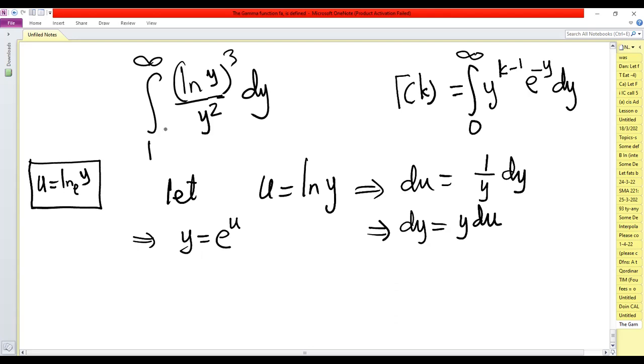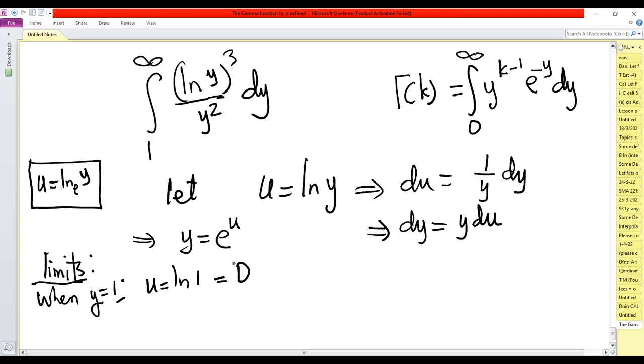Now let's see what happens to the limits with this new variable. When y is 1, because that's the lower limit for y, then u will be given by ln of 1, and all of us know that ln of 1 is 0. So by this fixing of u equals ln of y, the lower limit will be 0, which agrees with the definition of the integral in the gamma function.